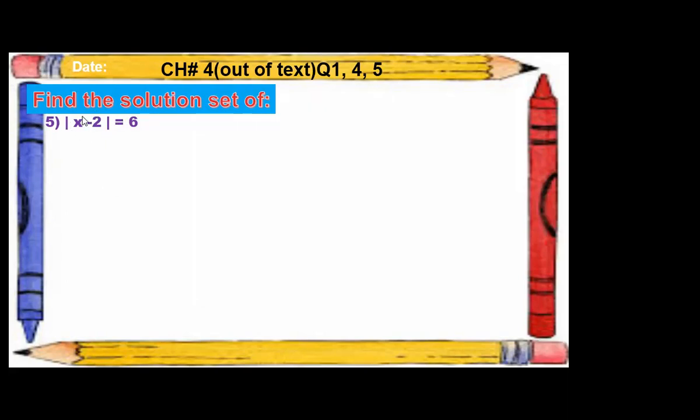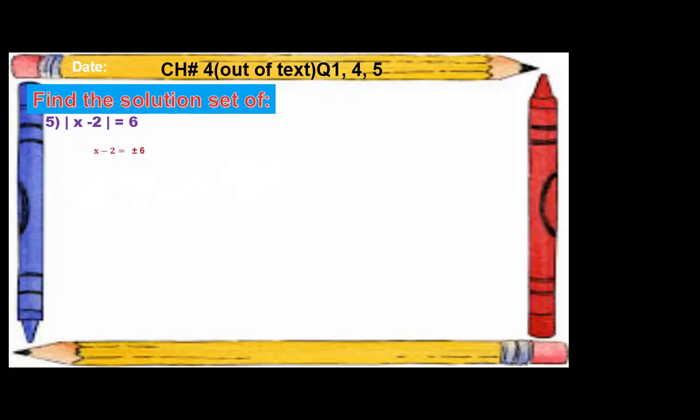Here, Sanya, when we remove the mod, we get x minus 2 is equals to plus minus 6. Then what we have to do, beta? We have to draw the line in the center.